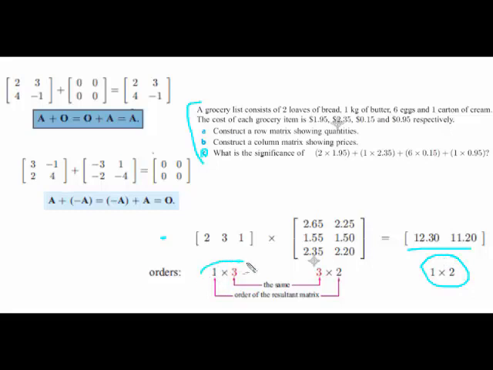The 2 original matrices were a 1 by 3 and a 3 by 2. We have to note very carefully that for them to be able to be multiplied, the 2 inside numbers, when we list the order, must be the same. The 2 outside numbers tell you the size of the resulting matrix, or in other words, the order.